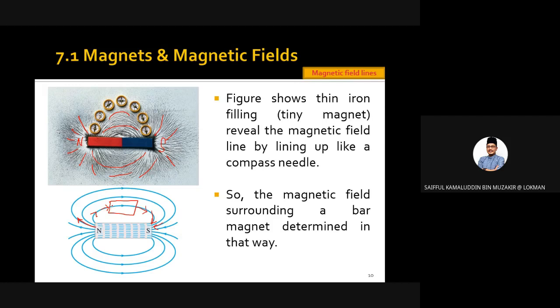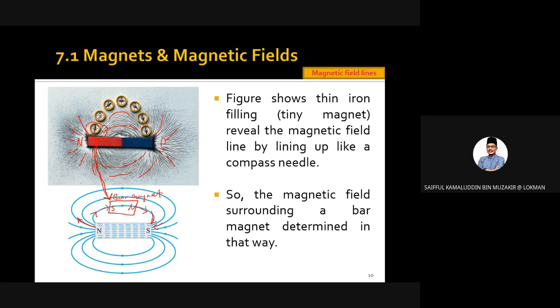So what pole is this? What pole will receive a magnetic field? This will be the south pole of the bar magnet. And this will be the north pole of the bar magnet. So remember, a compass is actually a suspended bar magnet. Like this, so the north pole.